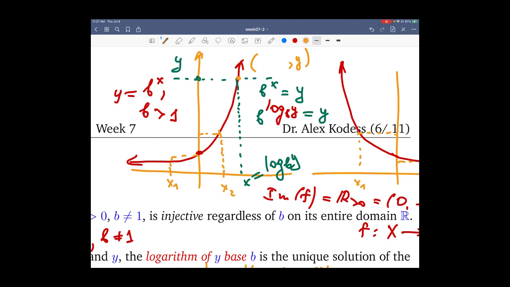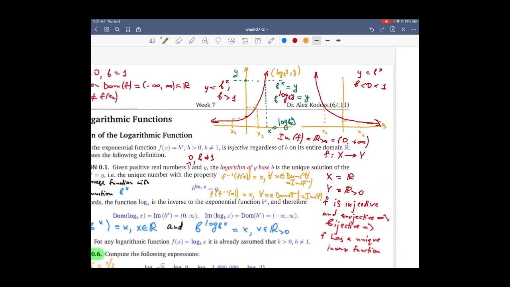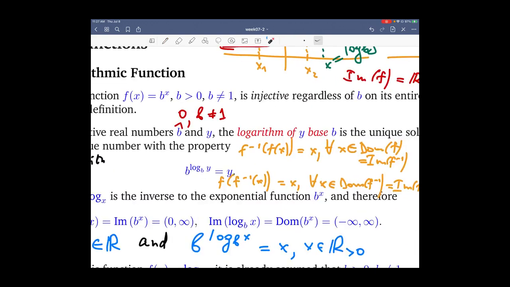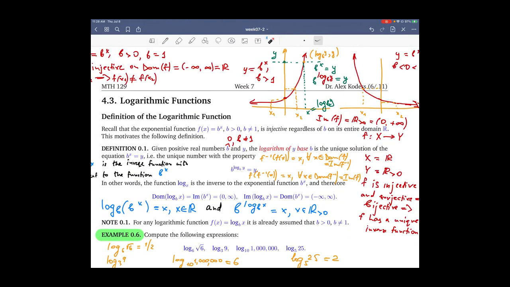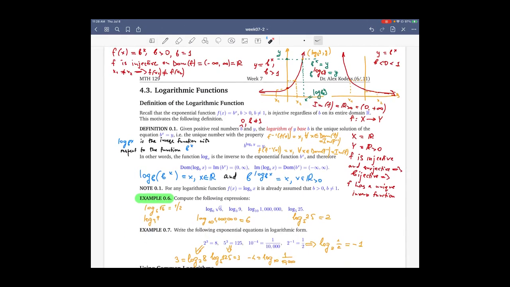The first coordinate will be, by definition, logarithm y base b. It is the number that b needs to be raised to result in y. We have these nice relationships between domain and image of the exponential function and the logarithmic function. And of course, we have these two formulas that are utterly important.